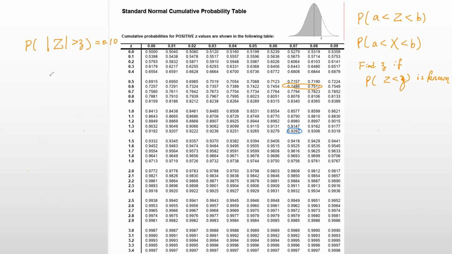Inside would be 0.90, outside 0.10. z should be positive. So these two parts add to 0.1, so each tail is 0.05.